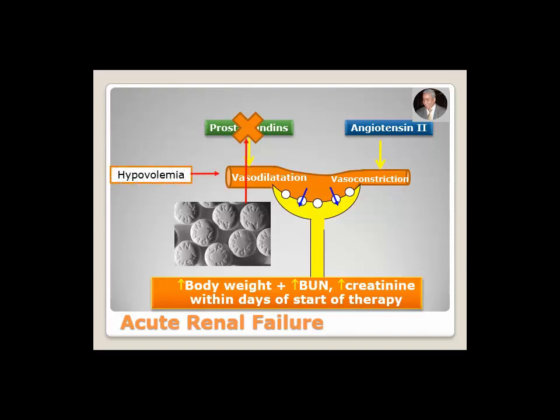For example, patients with low blood volume, hypovolemia, secondary to intensive diuresis, or dehydration. These are considered high-risk patients, and renal failure may occur even with the usual doses of nonsteroidal anti-inflammatory drugs.